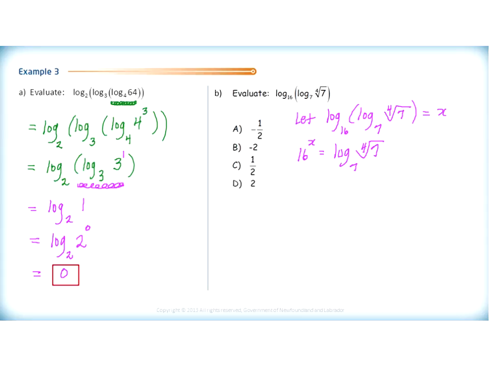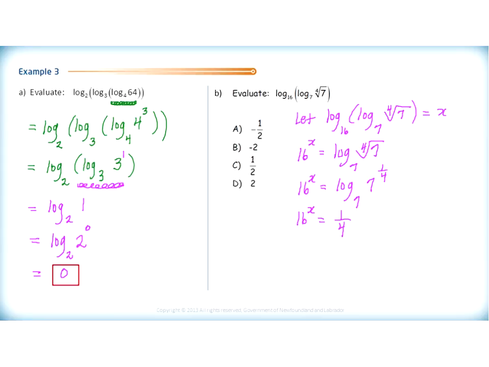You can see that this is getting complicated, because I could still rewrite the fourth root of 7 with a base of 7. So we are on the right track here, but we're just taking another root. So we can rewrite the fourth root of 7 as 7 to the power of 1/4. So now we have 16 raised to the power of x is equal to 1/4.